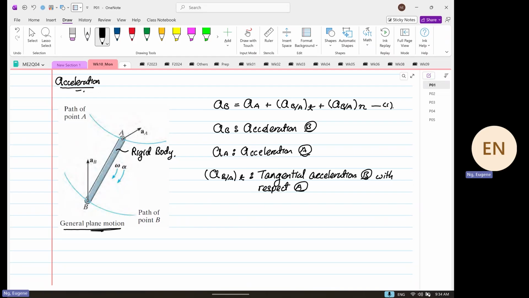Okay, and if I were to write out the formula, A_B in the tangential direction will be equal to alpha cross R_B from point A, where alpha defines the angular acceleration.